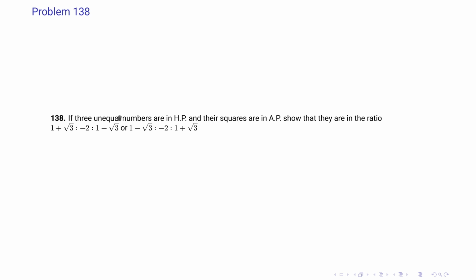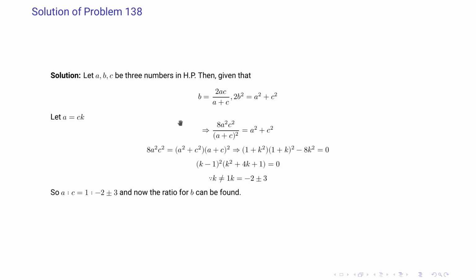So for example, if 1, 1, 1 are in HP, then 1, 1, 1 are in AP. So that is true. If 2, 2, 2 are in HP, then 1 by 2, 1 by 2, 1 by 2, 4, 4, 4 will be in AP. So one of the cases would be when all the terms are equal. That is possible if K is equal to 1. And now since we have squared this, there will be two roots of value 1.